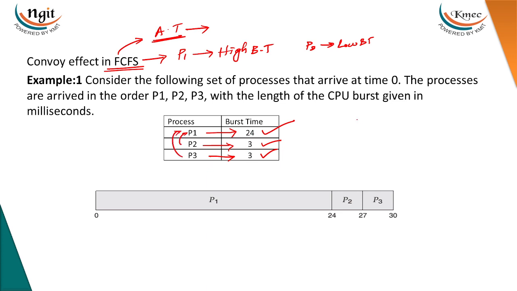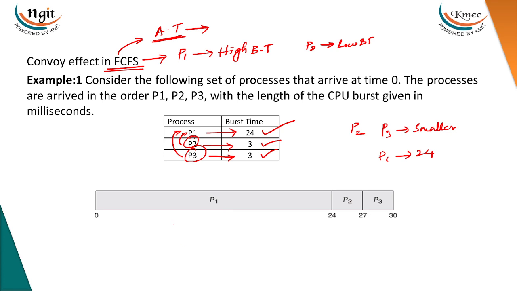P2 and P3 are very small processes compared to P1, which is 24. Because P1 arrived first, and P2 and P3 arrived after P1.